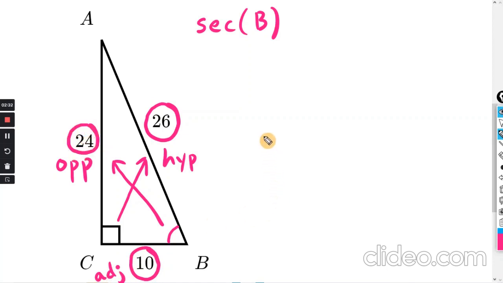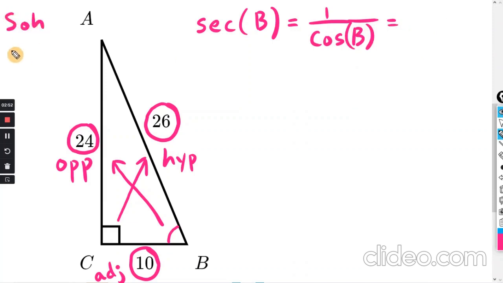Now we want to use the correct formula. We said the secant of B equals 1 over the cosine of the angle. If you remember SOH CAH TOA, for cosine it's adjacent over hypotenuse.